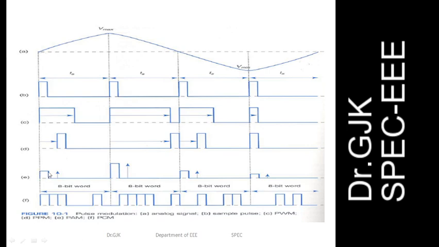So it is the amplitude of the pulse at 0. When the amplitude is increasing to Vmax at this instant, its height is also increased. Pulse amplitude also increased to this value.